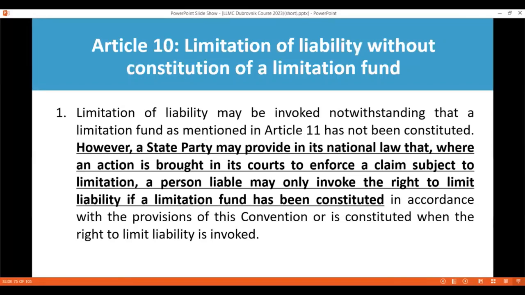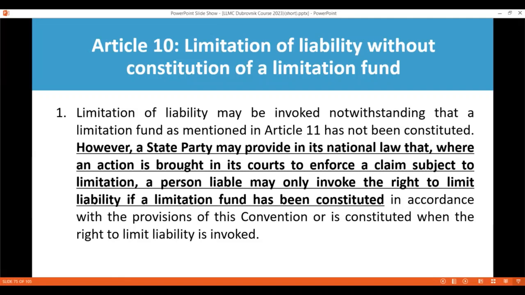I mentioned before, a court can calculate a limitation fund and authorize it, but that does not require the ship owner to actually deposit the money in court. So you may be negotiating throughout. In fact, we had a case in which the court in Singapore said, this is the limit of liability, and we were negotiating throughout, and actually the case was settled, and the fund was never actually deposited in court.